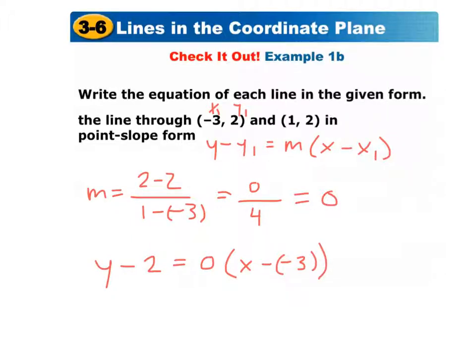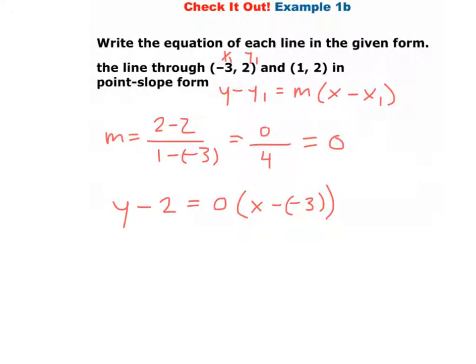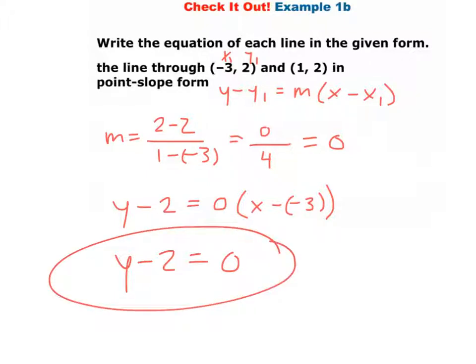It'd be the same thing. So now since our slope is 0, we could distribute the 0. We get y minus 2 is equal to 0. That's it. That's our answer.